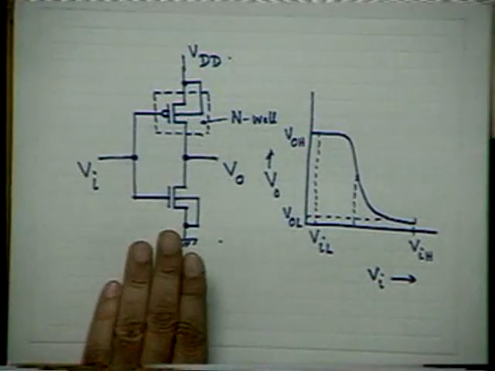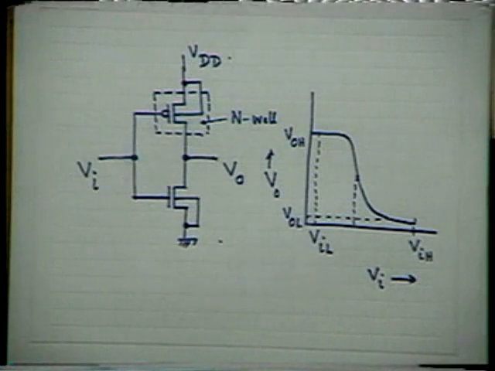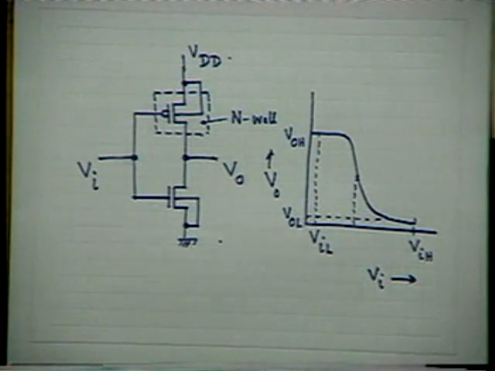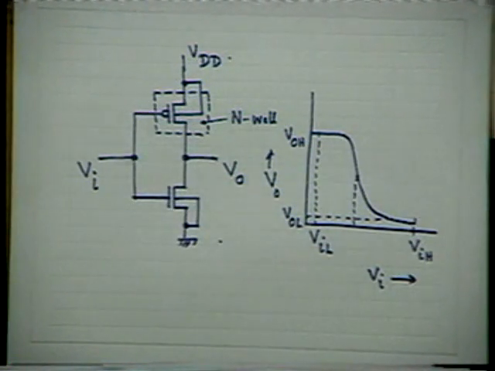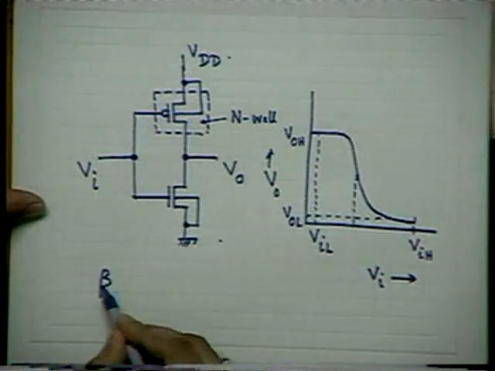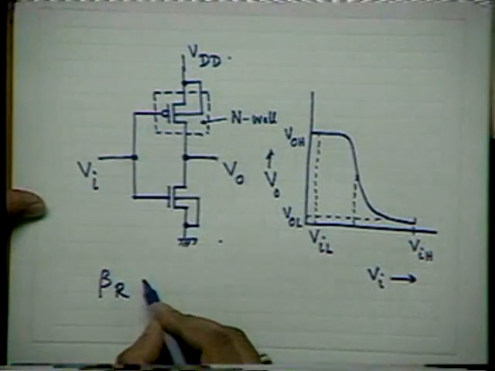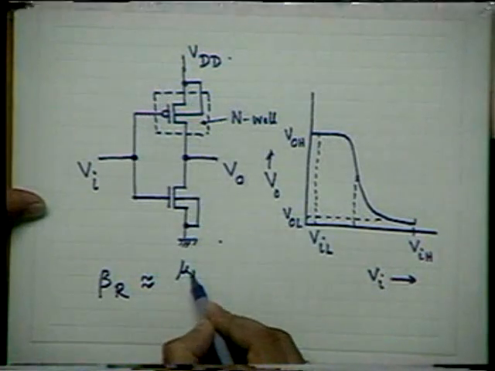If you now compare the CMOS inverter with the other inverters so far discussed, what is your comment? Do you have to satisfy the condition that the beta ratio should be very large? We shall discuss this point afterward, but it can be shown that that condition is not important. Only thing is, usually beta R is roughly equal to 1, but not exactly. Beta R is actually equal to mu p by mu n.